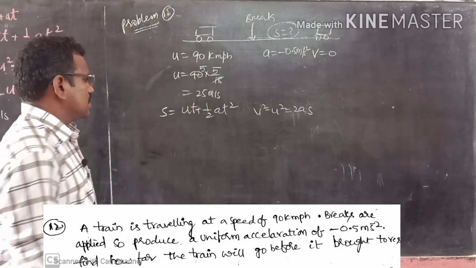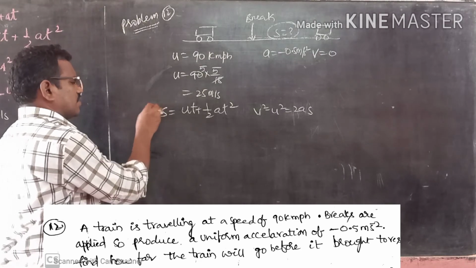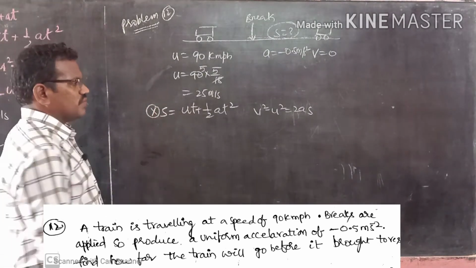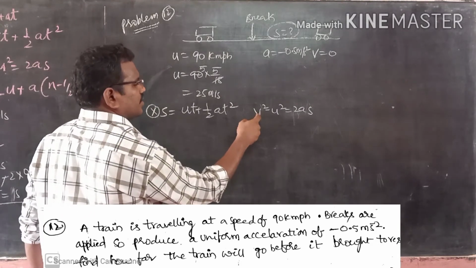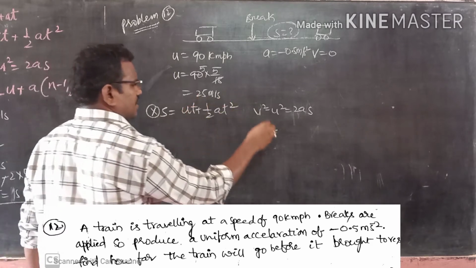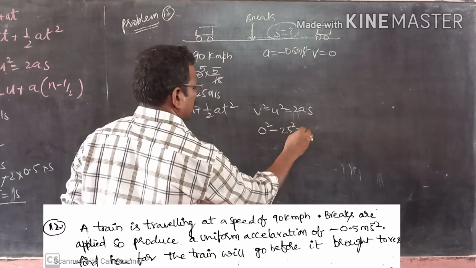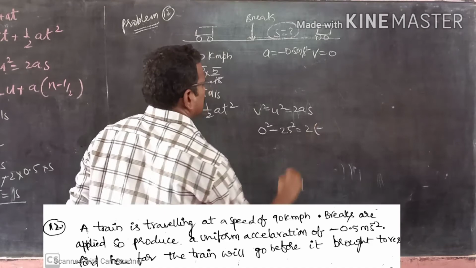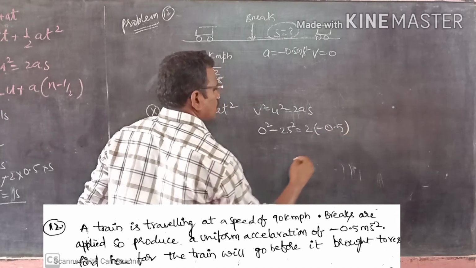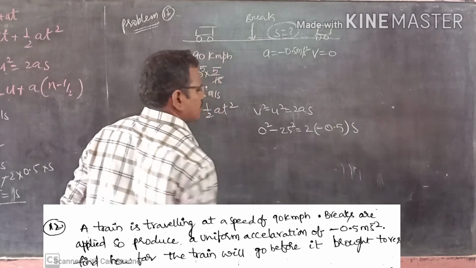So s is equal to ut plus half at square is not the correct formula to solve the problem. So for that we are going to apply v square minus u square. What is the value of v? 0 square minus 25 square is equal to 2 of minus, the a value is how much? 0.5.